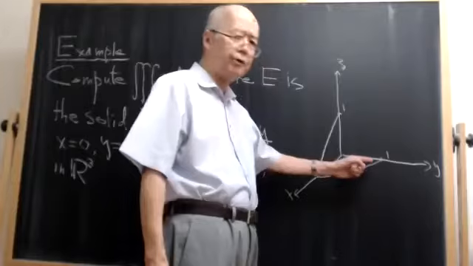When z equals 0, so the line from x equals 1 to y equals 1, is that just a straight line or a curved line? A straight line, certainly.